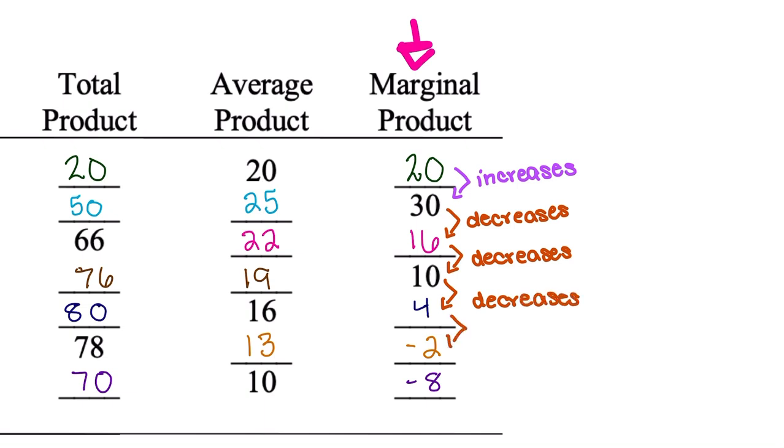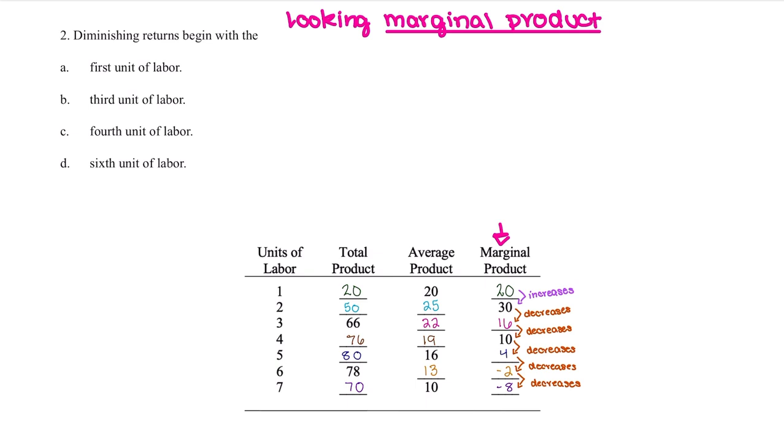From 4 to -2, it decreases. And from -2 to -8, it decreases. So we can actually see that it starts decreasing with this third unit of labor.